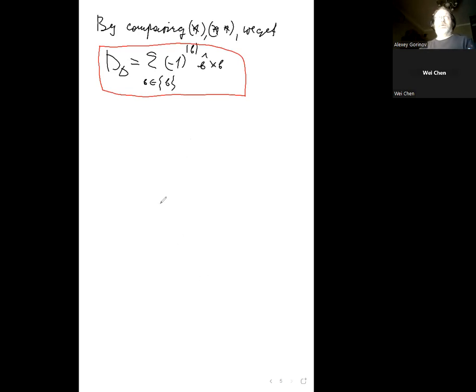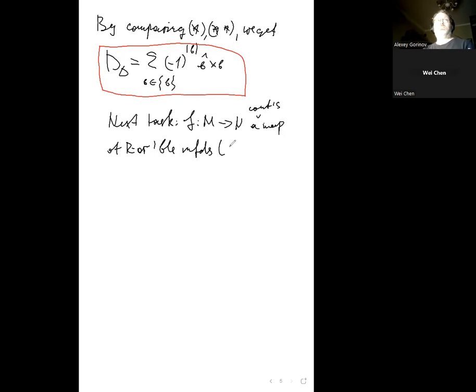Okay, so our next task would be to generalize what we've just done.